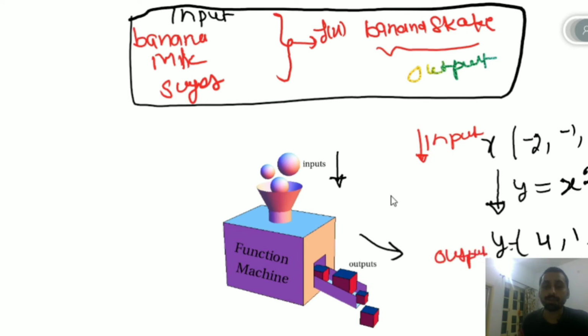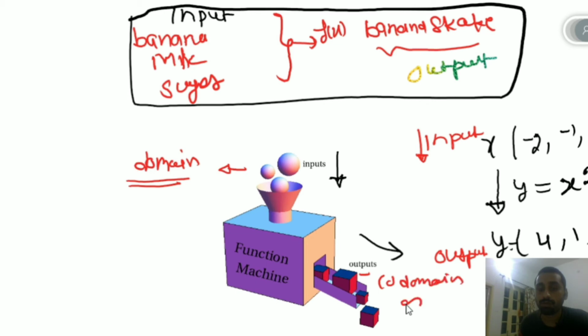The intuition of a function is that there is some input and some output. The input in mathematics we call the domain, and the output is named the codomain, or range.